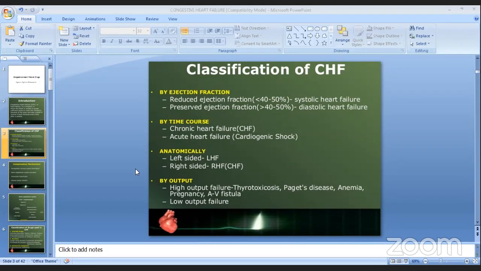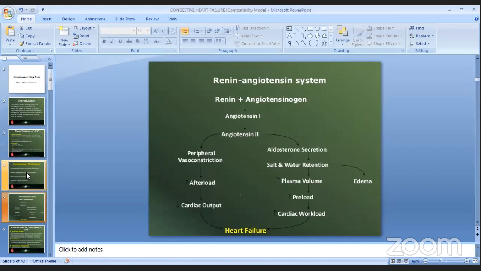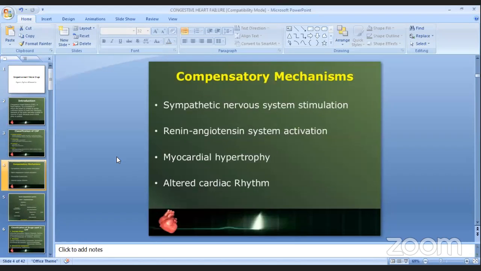So we have the pharmacological classification as we have discussed. Next are the drugs. What is the mechanism? It is due to sympathetic nervous system stimulation, renin-angiotensin system activation, myocardial hypertrophy, and altered cardiac rhythm.